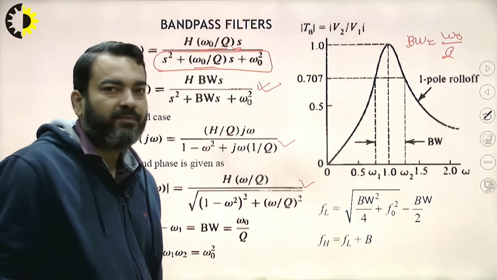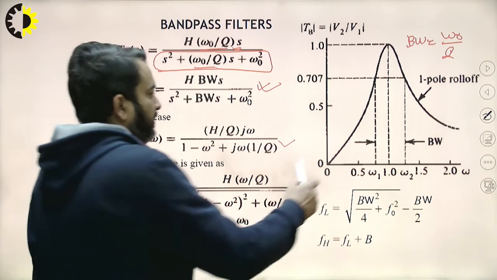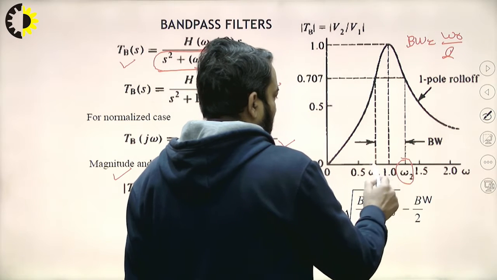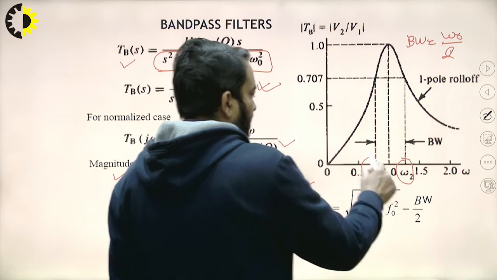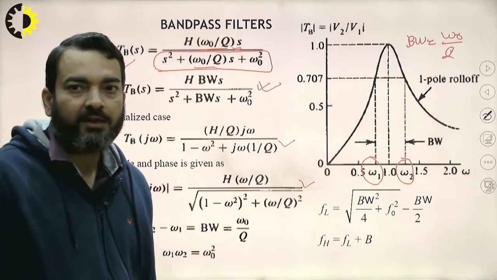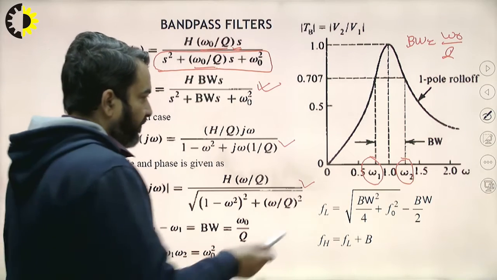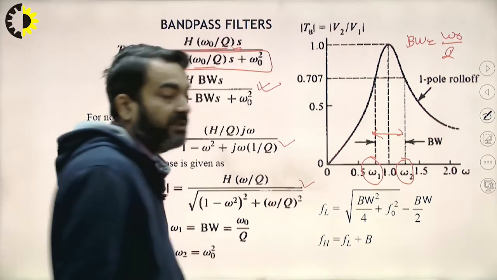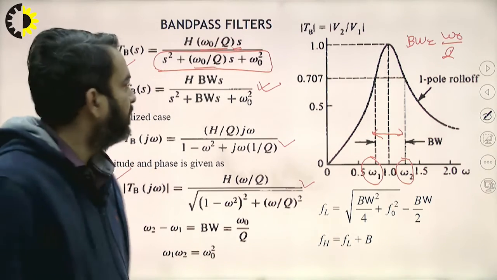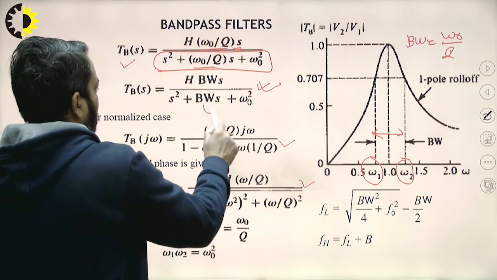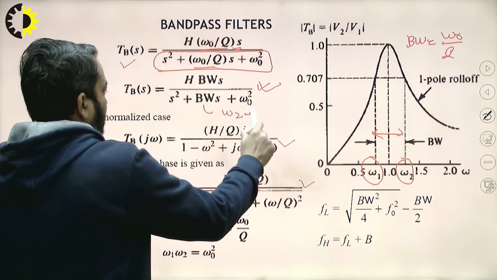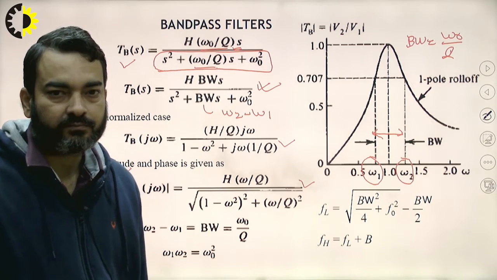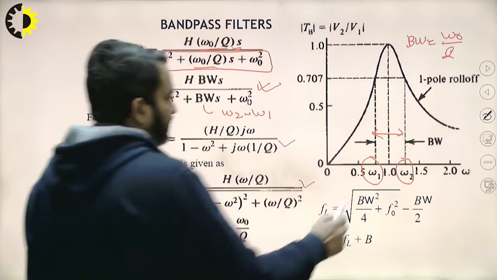And now what is the bandwidth? In this plot we will get one upper cutoff frequency, that is omega 2, and one lower cutoff frequency, that is omega 1, and the difference of these two will be the bandwidth. So this bandwidth is nothing but omega 2 minus omega 1. And this is the center frequency.